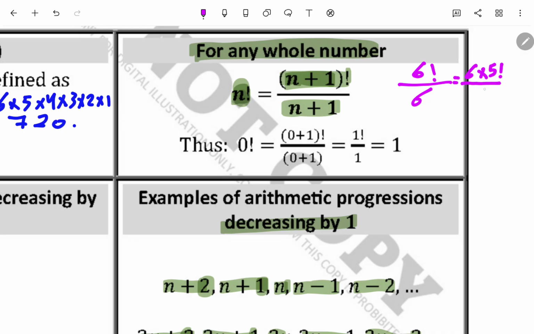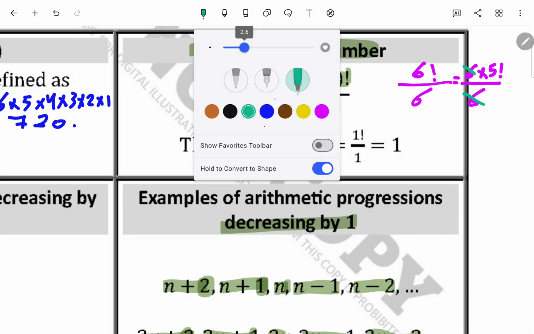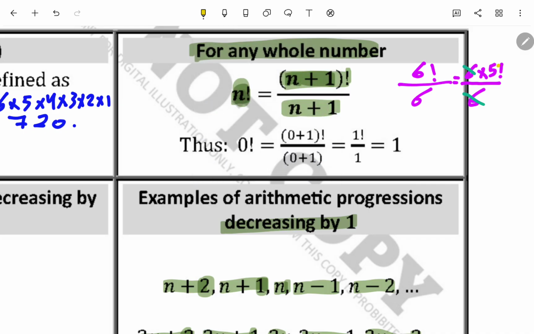All divided by the 6 we have down below. Now you can cancel these 6 up and down together, and what is left is 5 factorial. So this is the answer, 5 factorial.